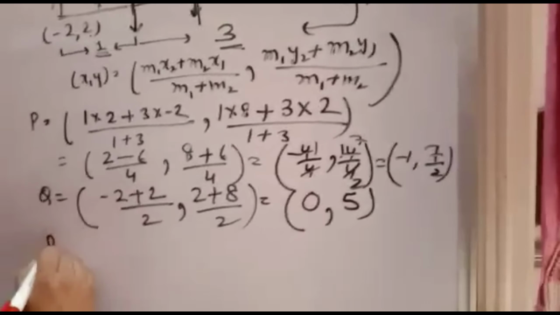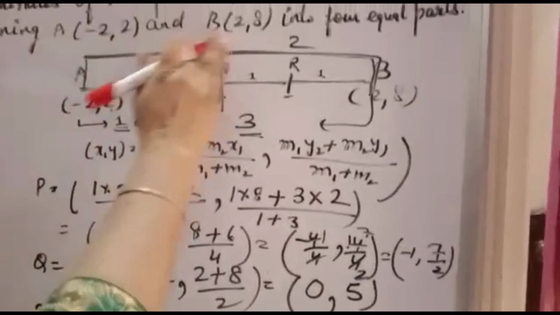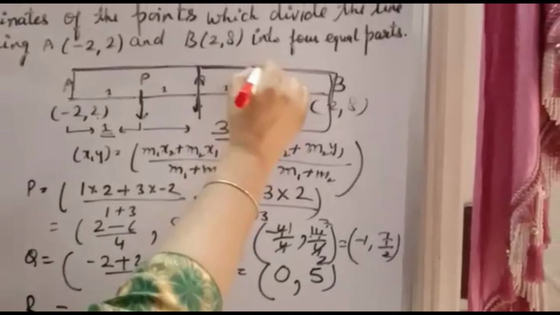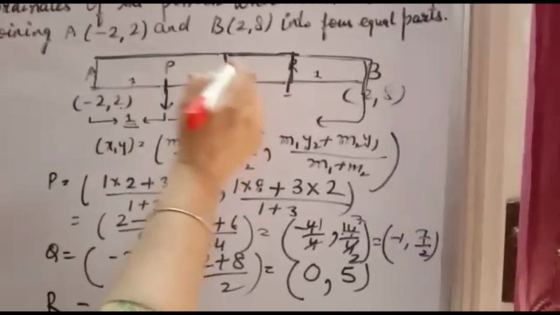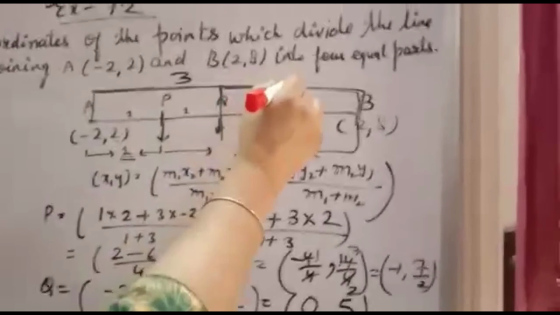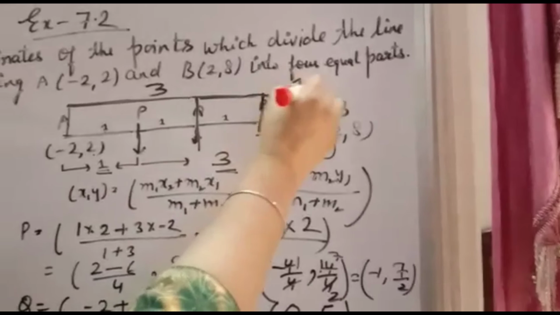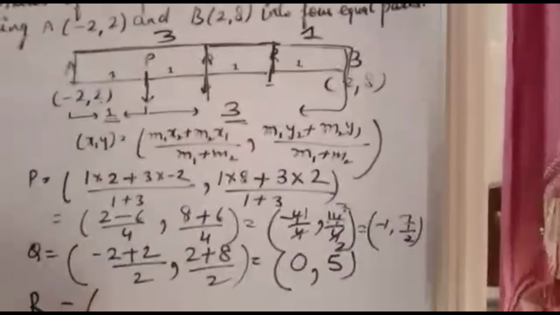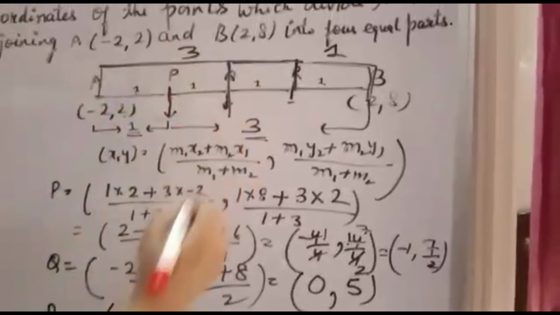Now see point R carefully. This is point R: 1, 2 and 3. So this is 3, since 1 plus 1 plus 1 is 3. It is the 3:1 ratio, so again I am using the section formula.